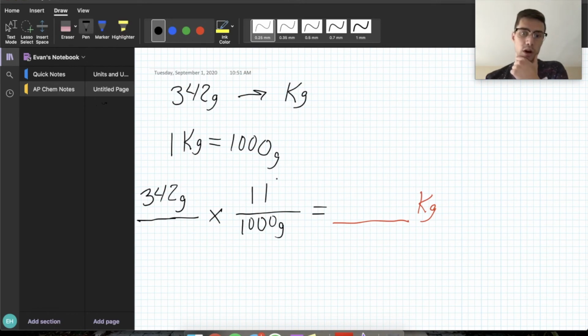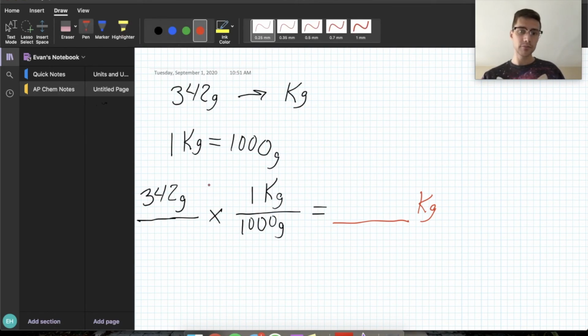So we can put 1 kilogram on the top, because again, 1 kilogram and 1,000 grams are the same thing. And anytime you take something and divide it by itself, it's 1, right? So we're really just multiplying this value right here by 1 and changing its units. So we're representing it as something else, okay? So it's still the same amount. We're not changing the amount of stuff we have. We're representing the same amount of mass, but we're using a different unit to do so, okay?